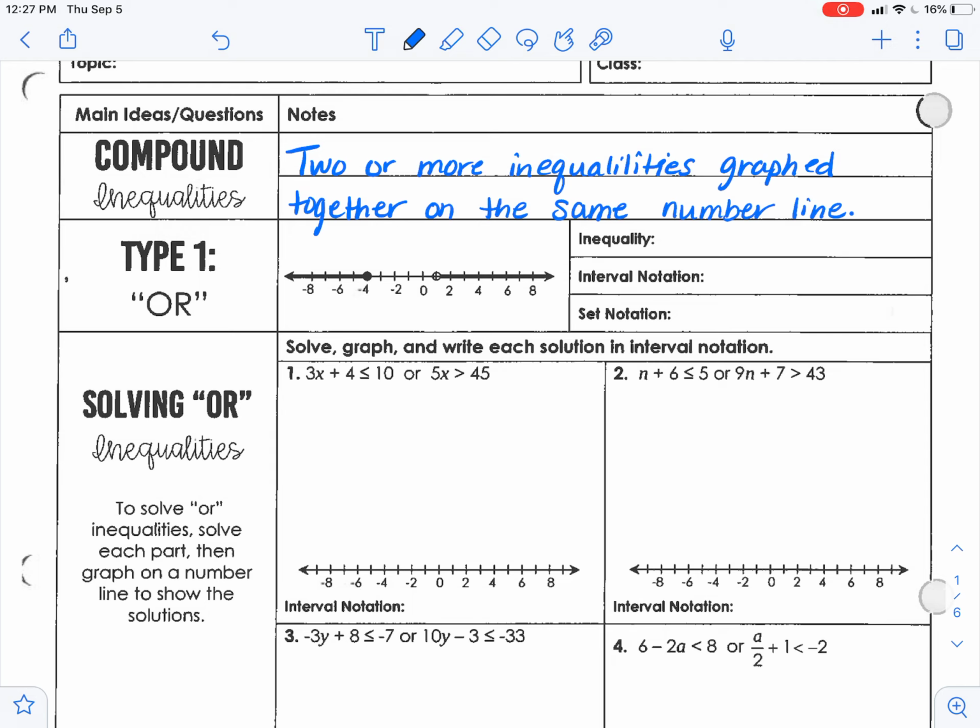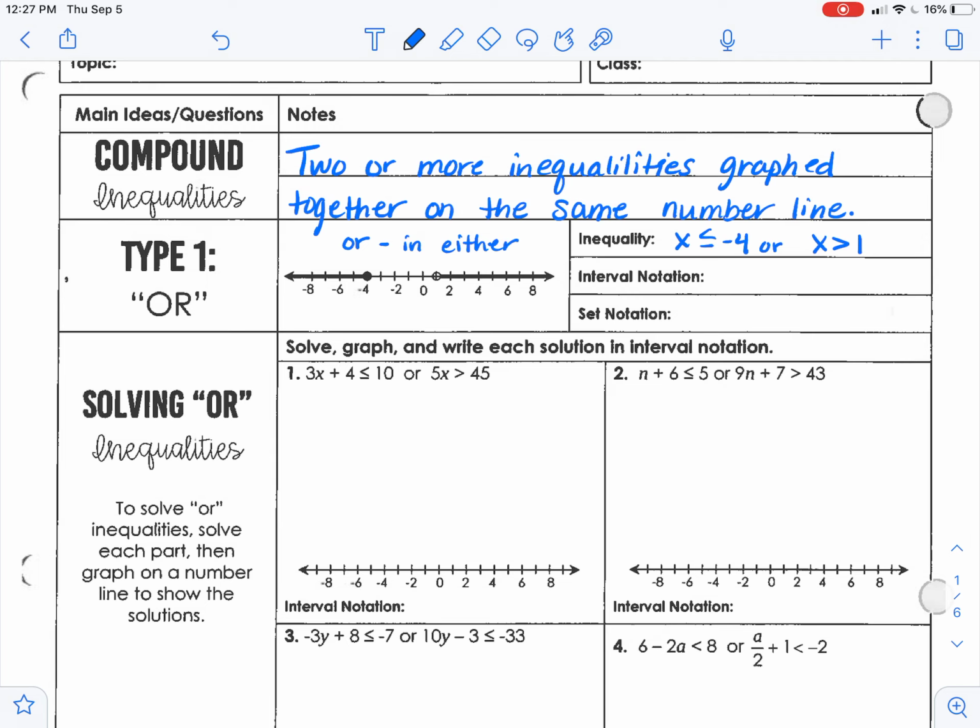So if you look at this graph, we have two of them. On the left, we would have x is less than or equal to -4. And on the right, we would have x is greater than 1. Now, the word or goes in there. So or means it's in either.